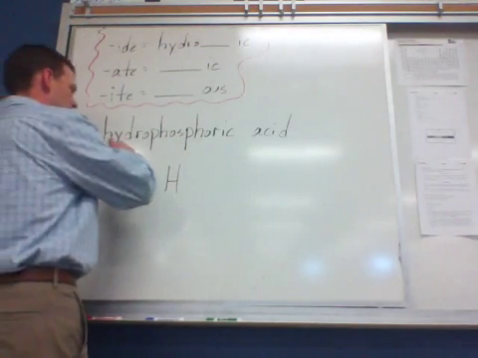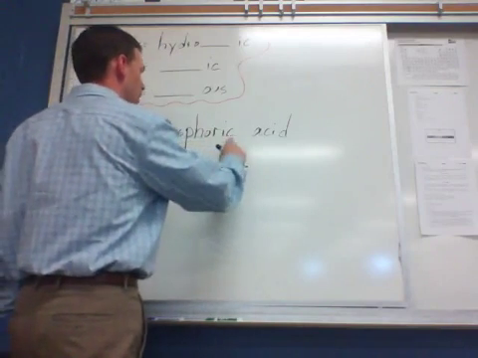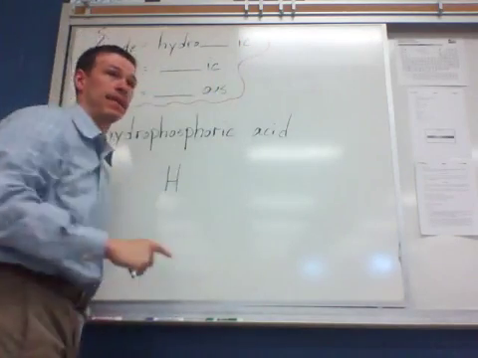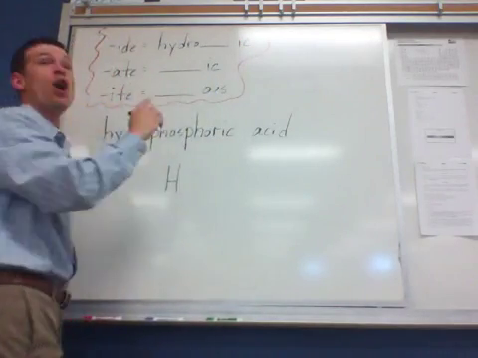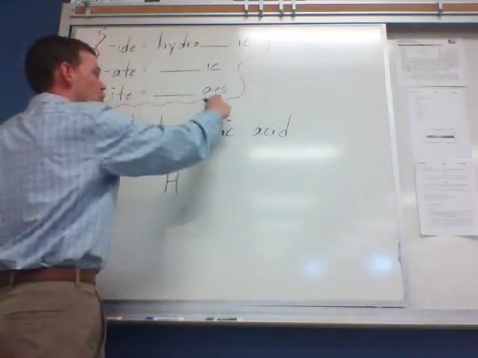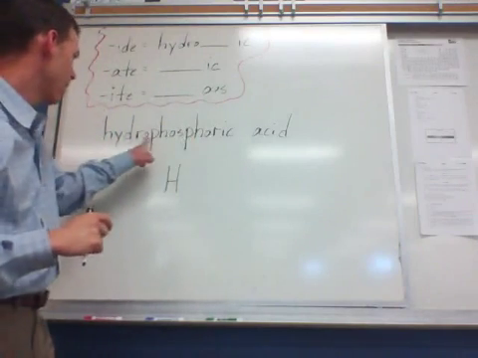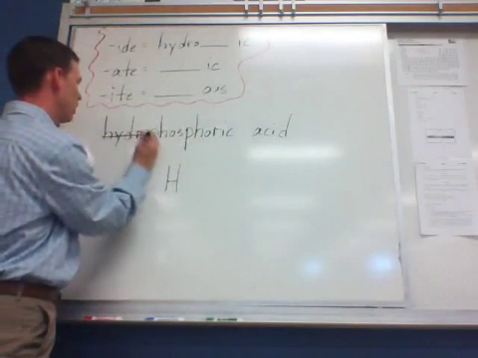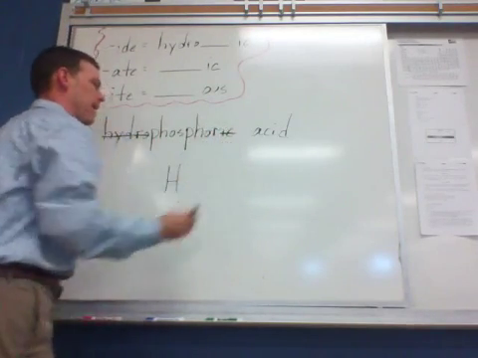Look at this word, hydrophosphoric. It either has a hydro at the beginning and an ic at the end, or it has no hydro at the beginning and an ic at the end, or it has ous at the end. What does this word have? It's got hydro at the beginning and ic at the end.